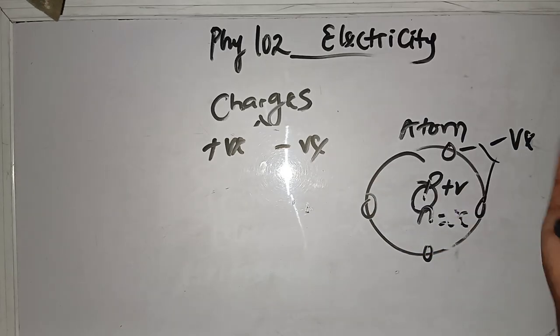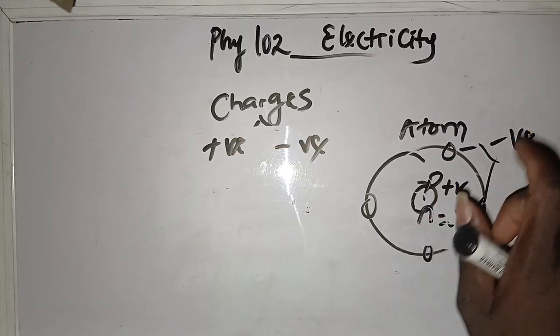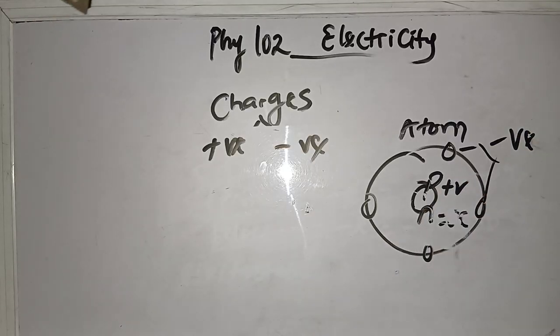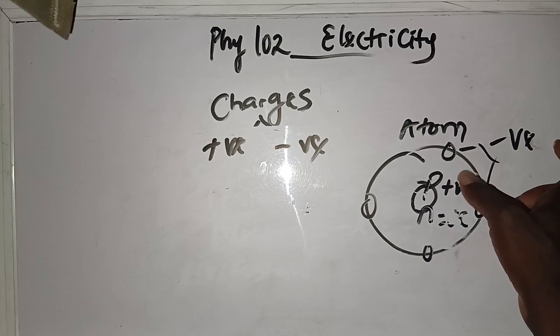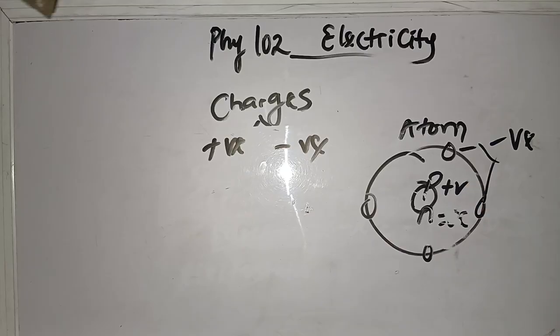Either way, whether or not you understand what I'm saying, just know that throughout this course we don't touch proton. Proton remains intact, nothing happens to it at all. But the electron can be disturbed, whether by loss or by gain. And that loss and gain is extremely small compared to the total charge of a whole atom.